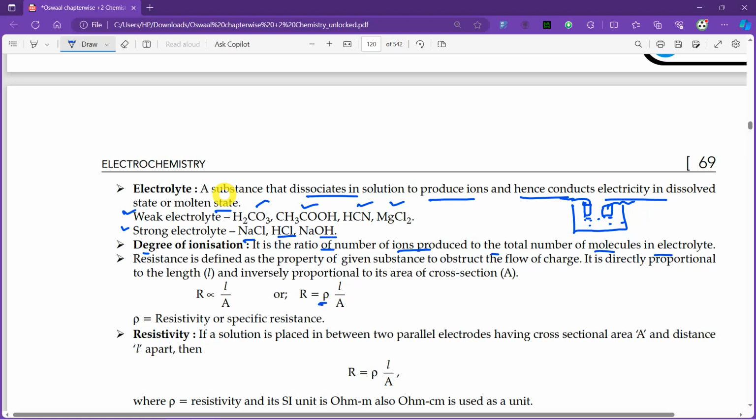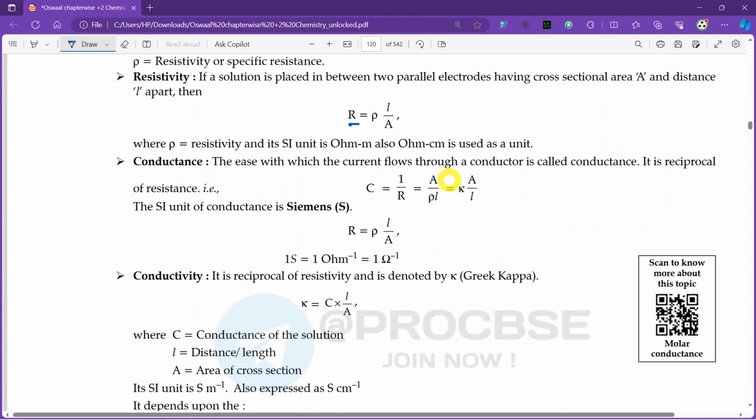And conductance is the reciprocal of resistance. Conductance is a reciprocal of resistance. So C is equal to 1 by R, and R is equal to rho into L by A, so it can be written as A by rho L, or kappa into A by L.